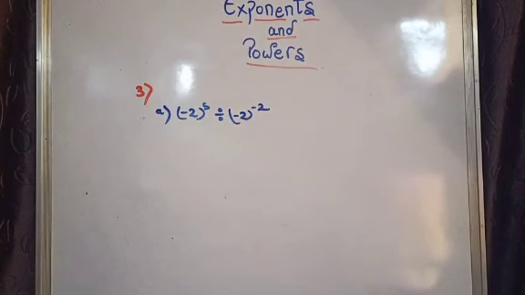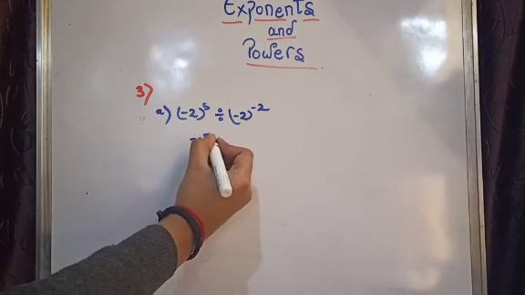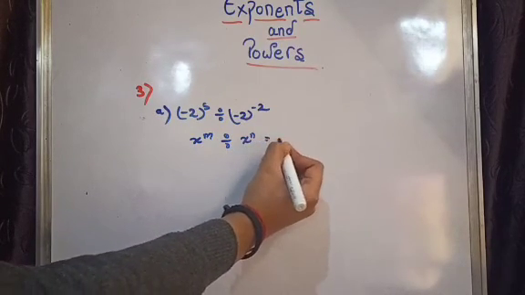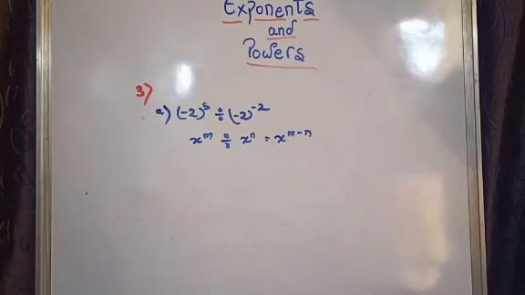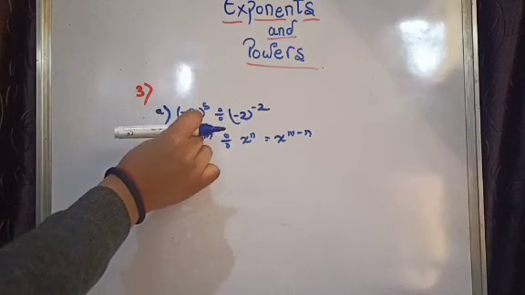It is like that one only, as I have told you one law: x to the power of m divided by x to the power of n will always result in x to the power of m minus n. So we will apply this law here.